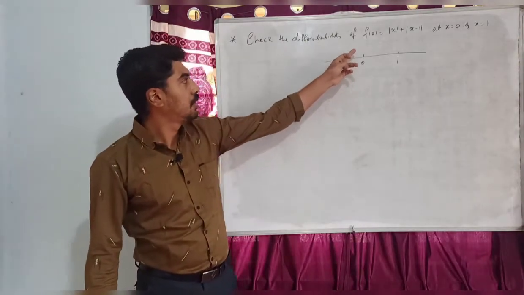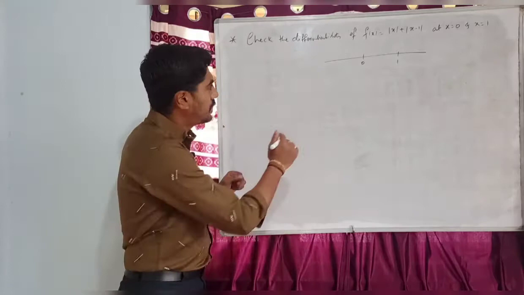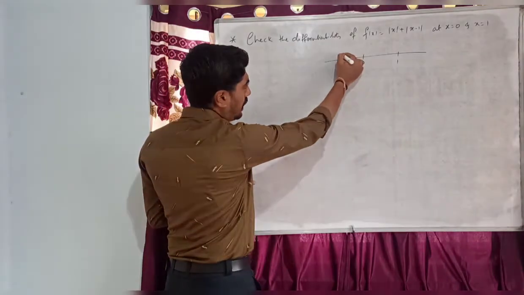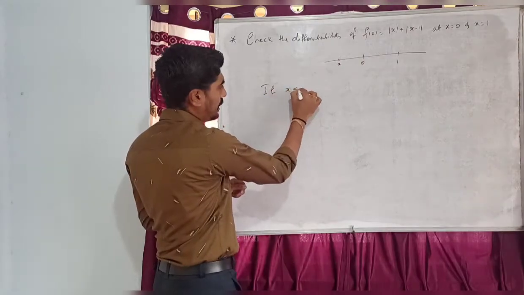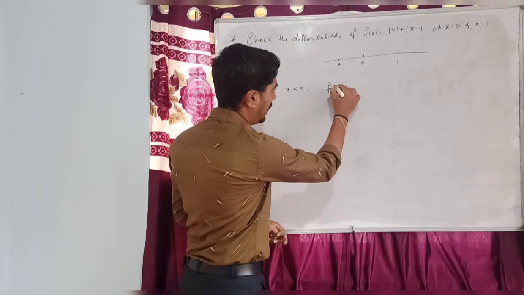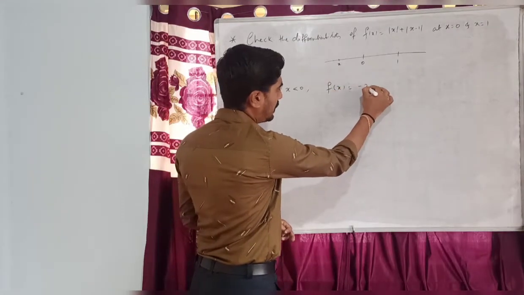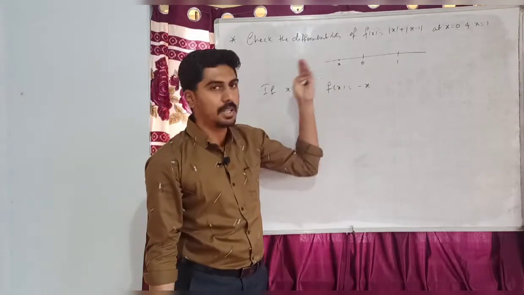And let us check what this function is defined at 0 and 1. So first, if x is less than 0, this function will be f of x equal to minus x, and if x is less than 0, it will be less than 1.